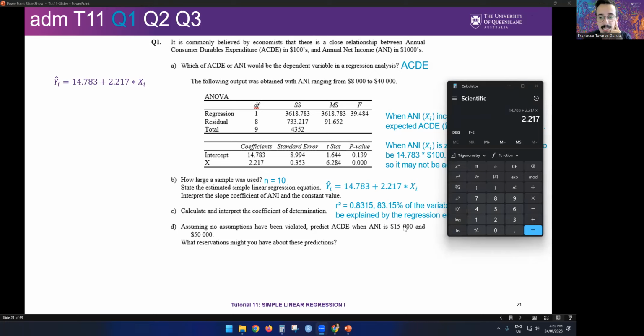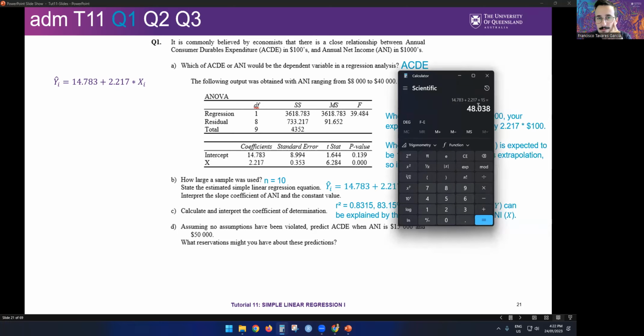So if someone's saying it's 15,000, the income we're considering, it means we're just adding 15 in here. So 2.217 times 15 equals 48.038. Is that our answer?